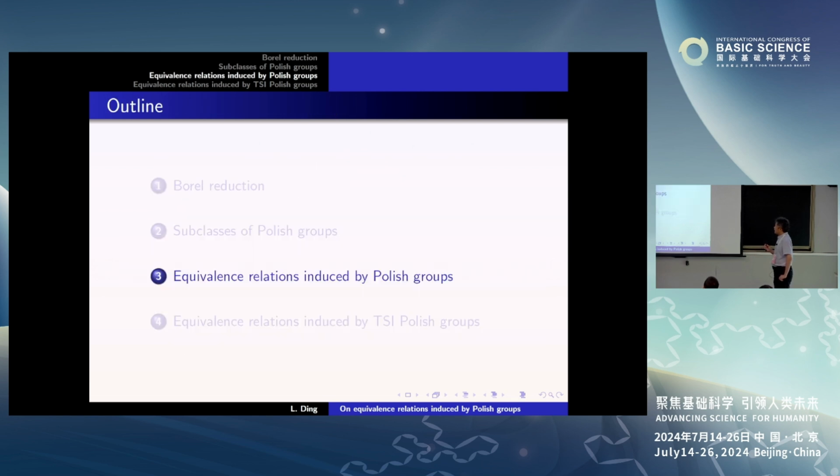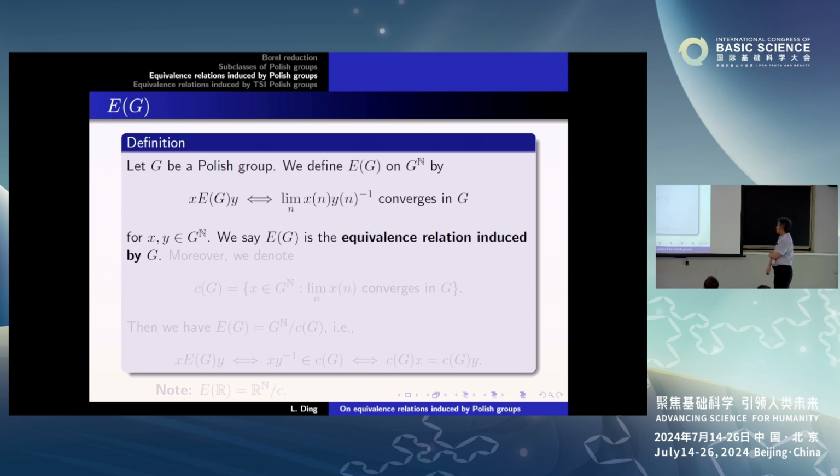Now we are going to define an equivalence relation for any Polish group. Given a Polish group G, we define EG on G^N like this.